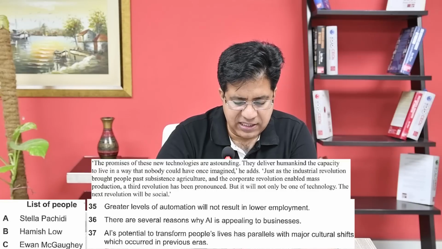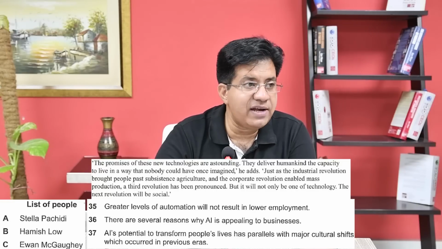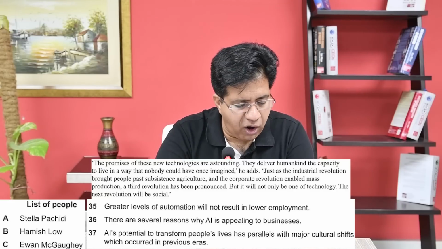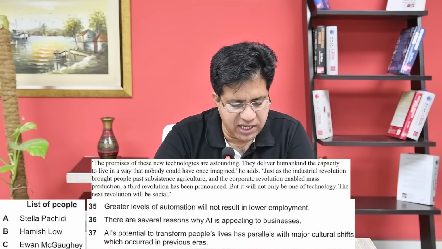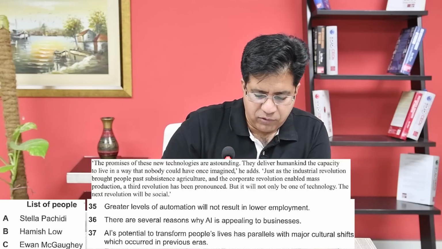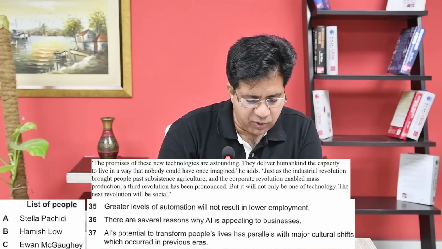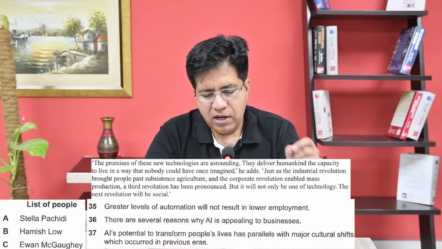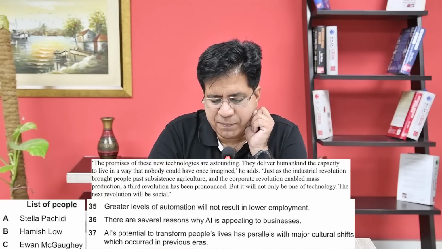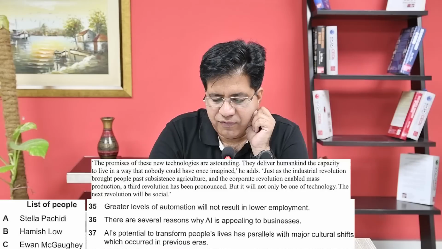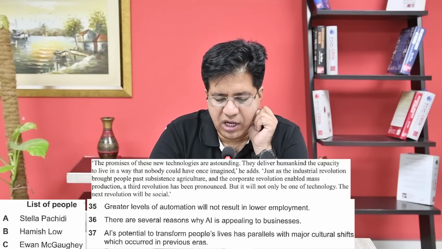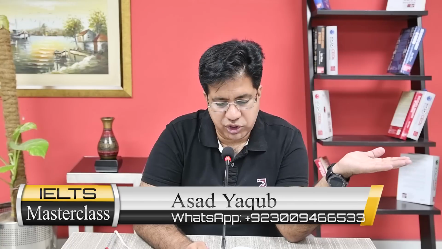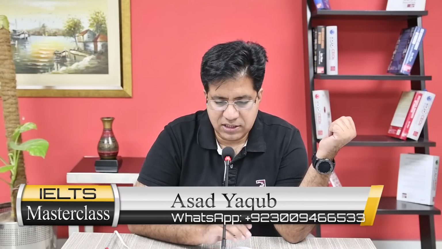Just as the Industrial Revolution brought people past subsistence agriculture, and the corporate revolution enabled mass production. A third revolution has been pronounced. So 37, AI's potential to transform people's lives has parallels with major cultural shifts which occurred in previous eras. What occurred in previous eras? Industrial revolution. For 37, answer is C.